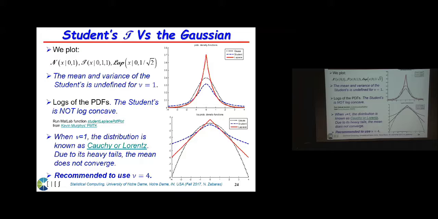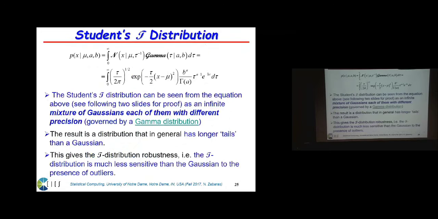And the other thing that sometimes creates problems: if you take the log of the Gaussian and the student t distribution, you notice the log of the student t distribution is not concave. That may have implications because lots of times we will need to do optimization, and we would like, for example, minus the log of this to be convex, but here, unfortunately, for the student t distribution, that is not the case.